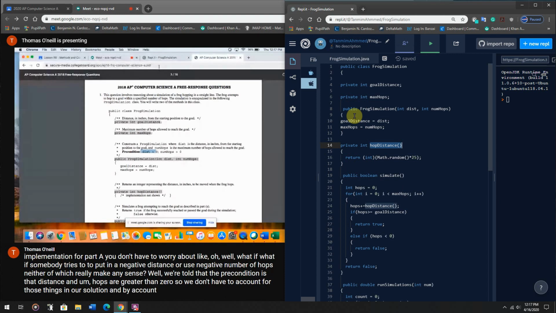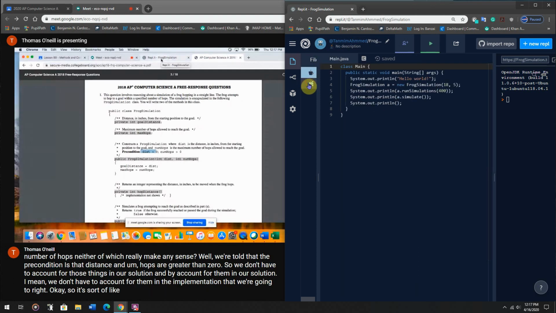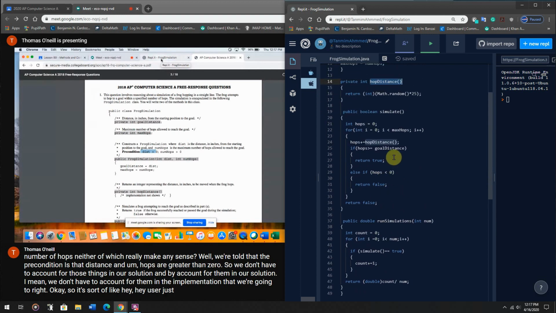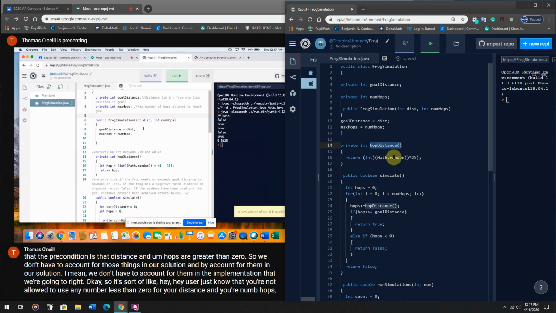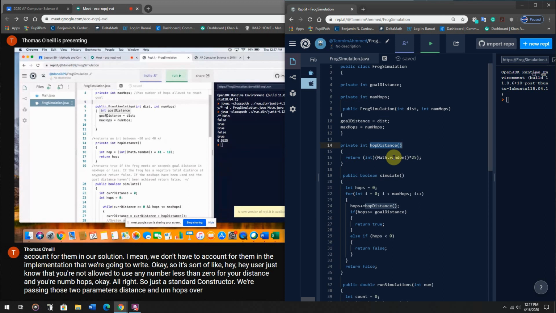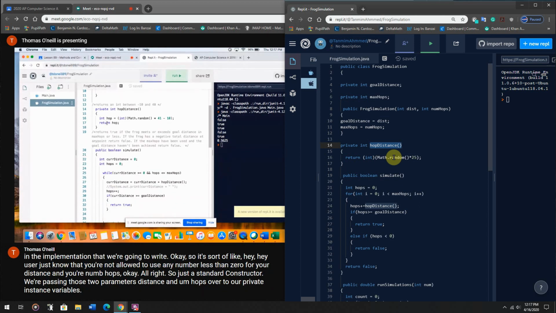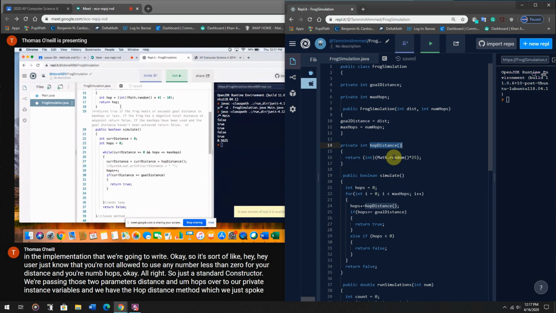And by account for them in our solution, I mean we don't have to account for them in the implementation that we're going to write. Okay, so it's sort of like, hey user, just know that you're not allowed to use any number less than 0 for your distance and your numHops. Okay. All right, so just a standard constructor, we're passing those two parameters, distance and numHops, over to our private instance variables. And we have the hopDistance method, which we just spoke about, okay?